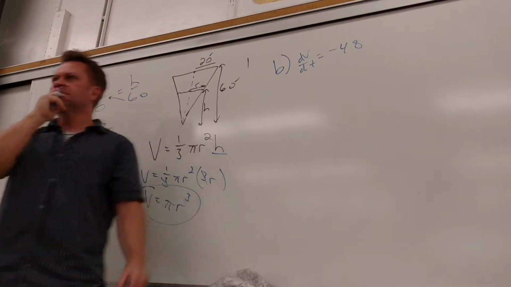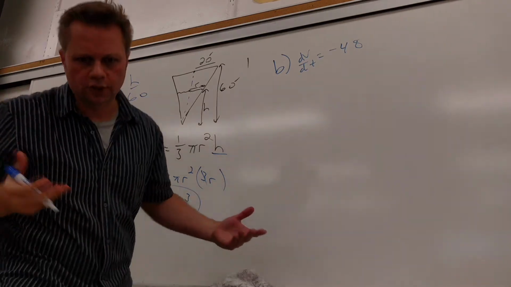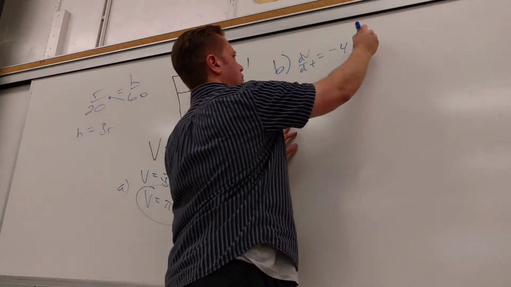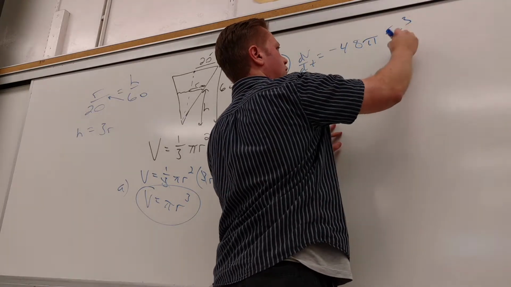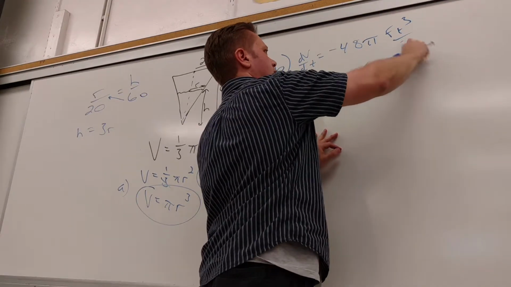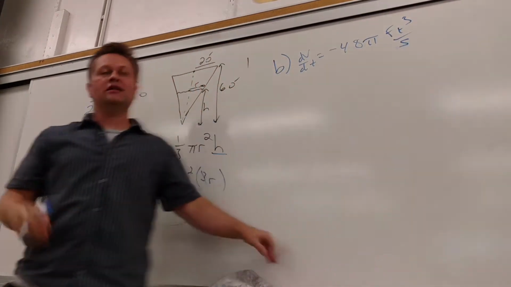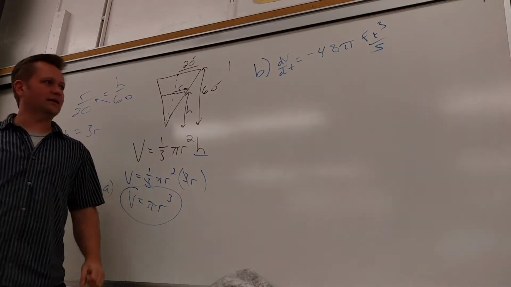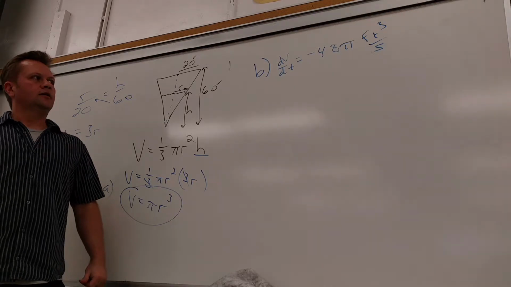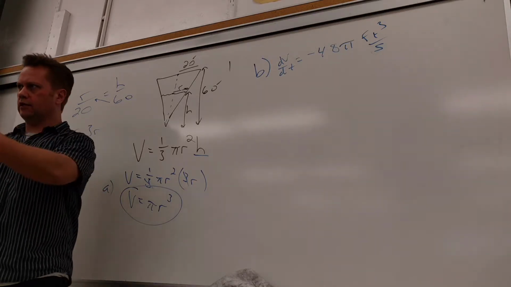I like it. All right, negative 48 pi. I think I was trying to be nice with that choice of units. Man, that's precise control of volume. Negative 48 pi, exactly. So that's what is given to us.